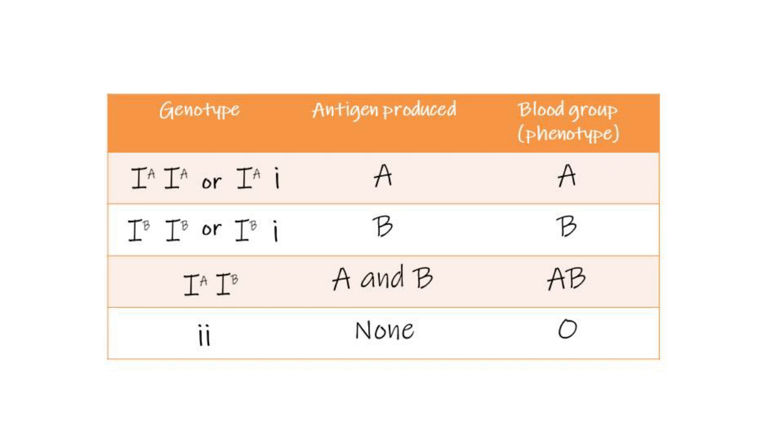Last, when the genotype is ii, there is no antigen produced, and the blood group will be O.